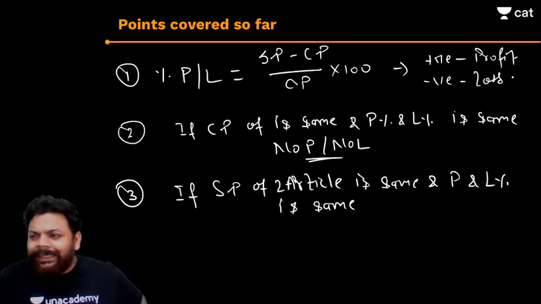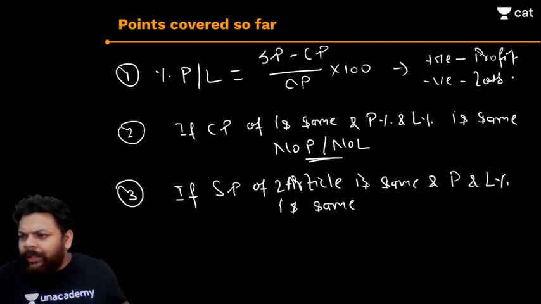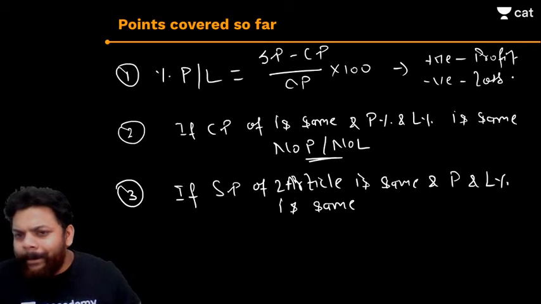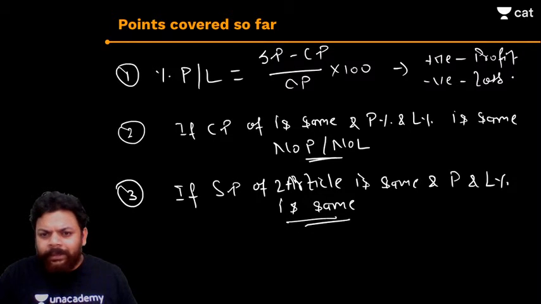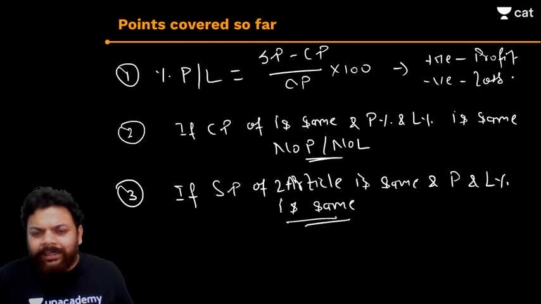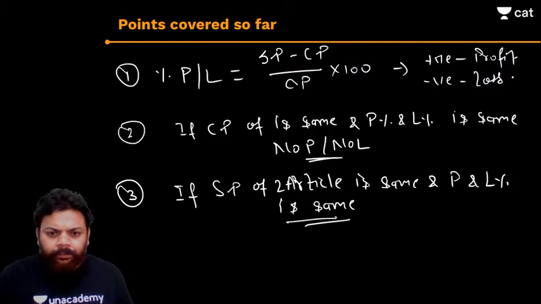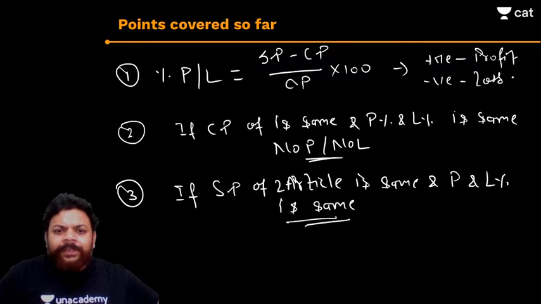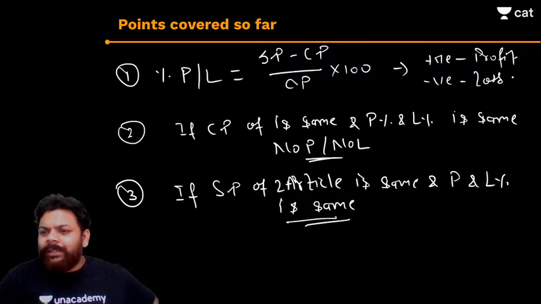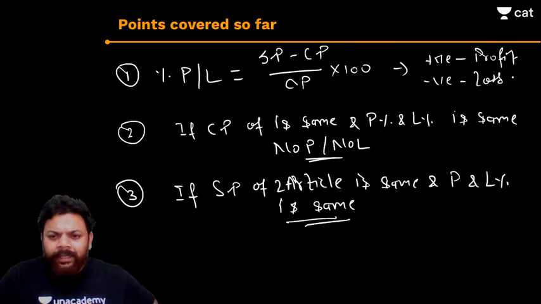You can restart this session. There might be some issues, so you can restart this session. So if selling price of two articles is same and profit and loss percent is same, then definitely there will be loss, and that loss will be equivalent to x square by 100.